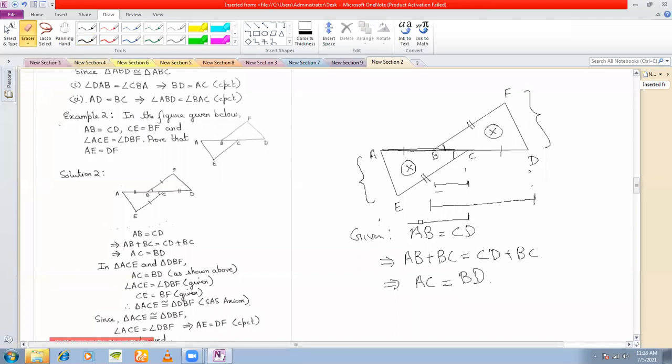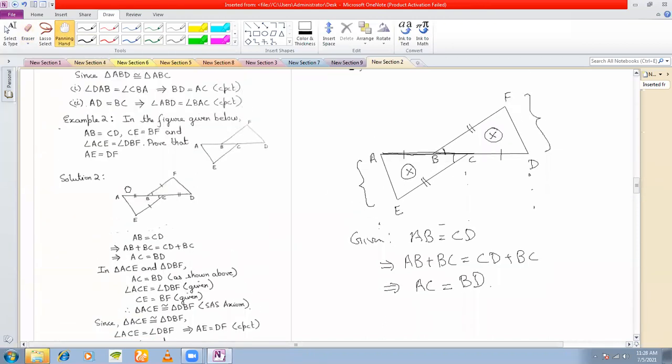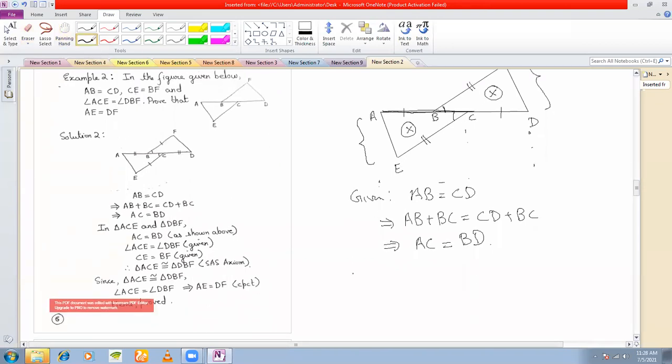Now we proceed to prove congruency. We say in triangle ACE and triangle DBF, or BDF, you can say. We have proven AC is equal to BD, so we write it first. AC is equal to BD as proved above. Next, what are the angles given equal?